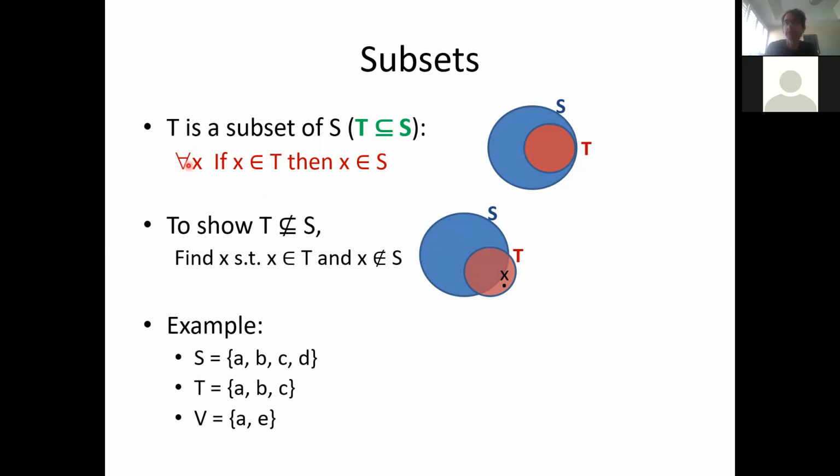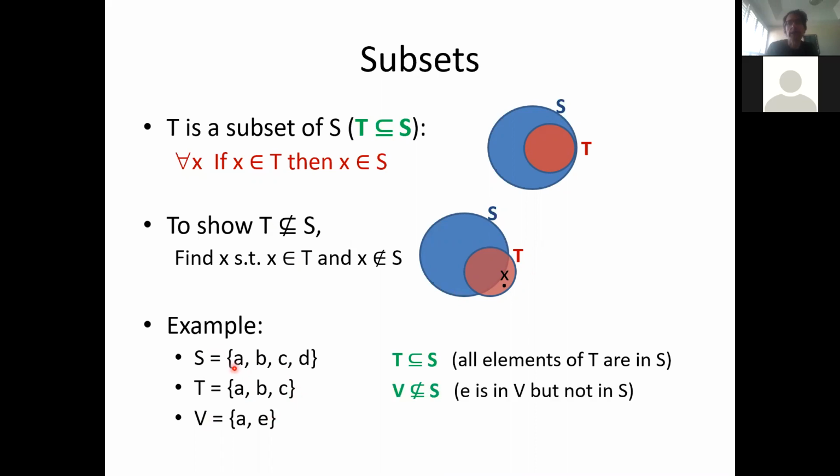What about the inside of T? So this part is true, and therefore this must also be true when T is a subset of S, right? For all elements here, they're also elements of S. To show that something is not a subset, you have to show one counterexample. In other words, some element x which belongs to T but does not belong to S. So let's take some examples, like S is a set of ABC, T is ABC, so it is a subset.